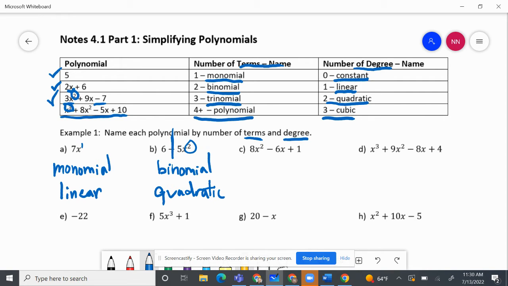For the next one, we see that there are 3 terms. Once again, pluses and minuses separate terms. So this would be a trinomial. And the highest degree is 2, so we would call this a quadratic.